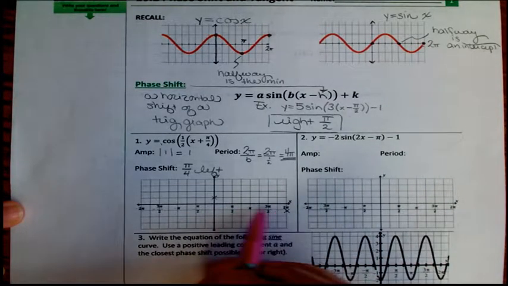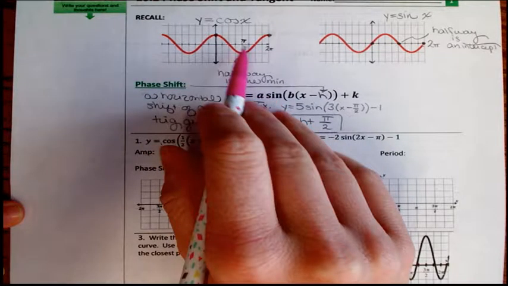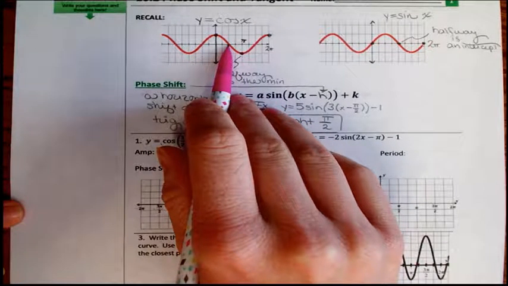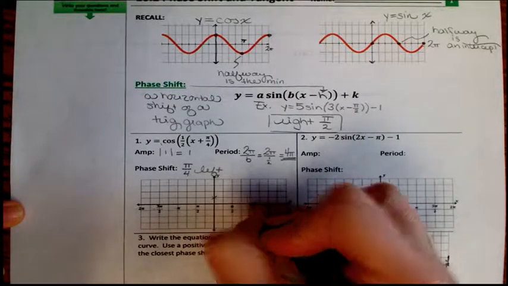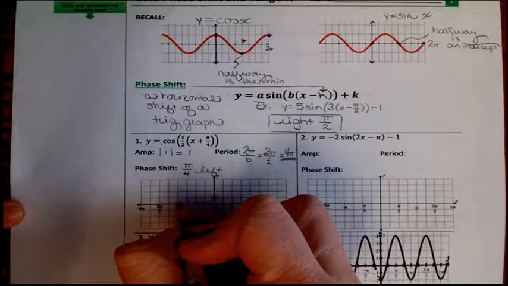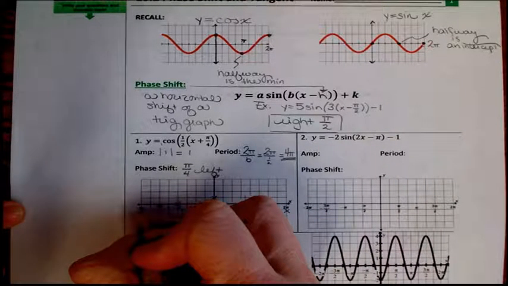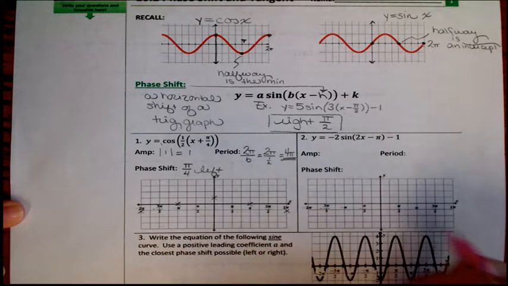And halfway between my max and my min is where I cross my axis, so I'm going to cross it at pi. And then I'd have a nice reflection over here, so at negative pi, I'd have an intercept, and at 2 pi, I would have a minimum.